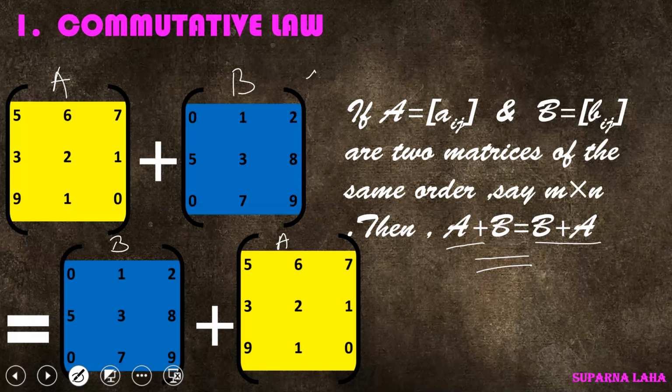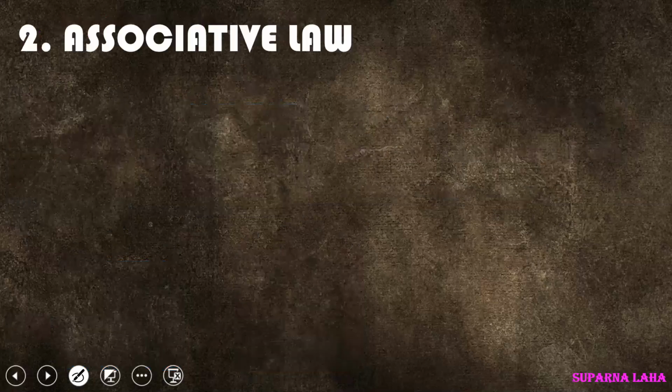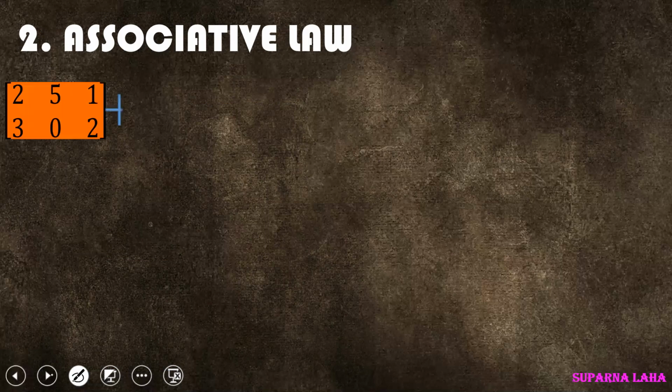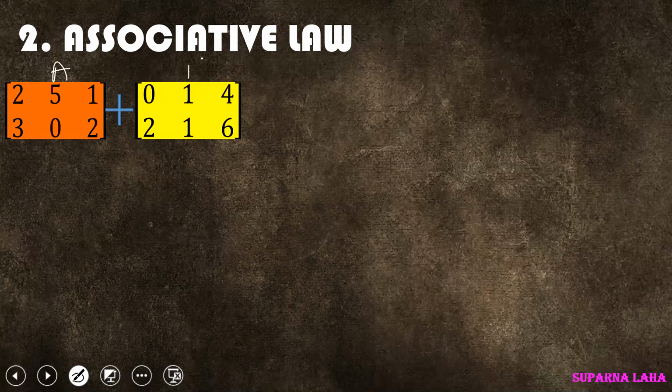Now let's check whether the associative law holds for matrix addition or not. For the associative law, let's take these two matrices A and B. A is a 2 cross 3 matrix, that is 2, 5, 1, 3, 0, 2.